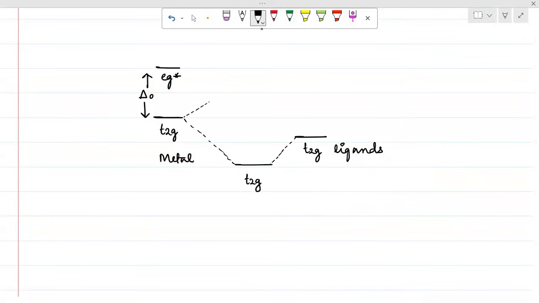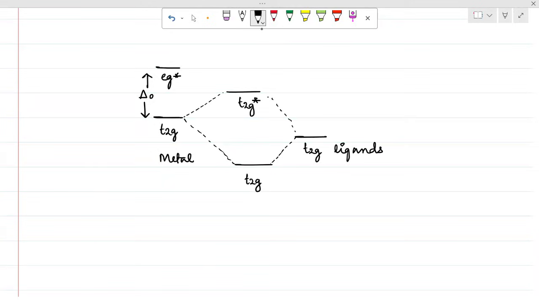And you have T2g star over here. Very easy, only this much. So the T2g orbitals of the metal combine with the T2g orbitals of the ligand to form the pi bonds. These are responsible for the pi bonds.